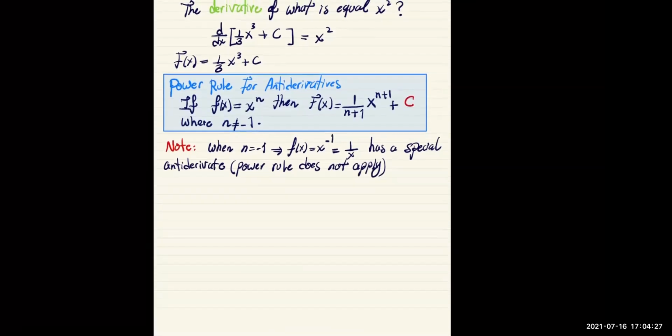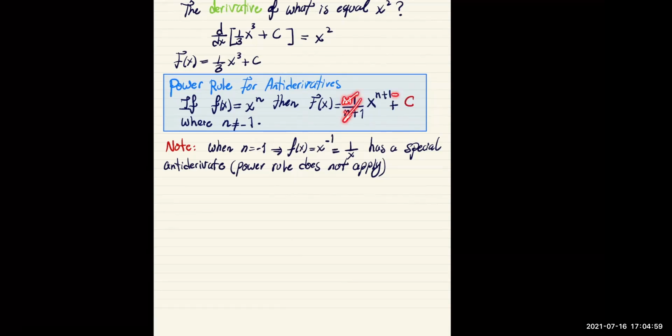Okay, so the proof of it is very easy. If you want to prove this rule, all you got to do is show that the derivative of capital F gives you little f back. And it's pretty obvious. When you take the derivative of this thing, the n plus 1 goes down. You get n plus 1 over n plus 1. They cancel out.